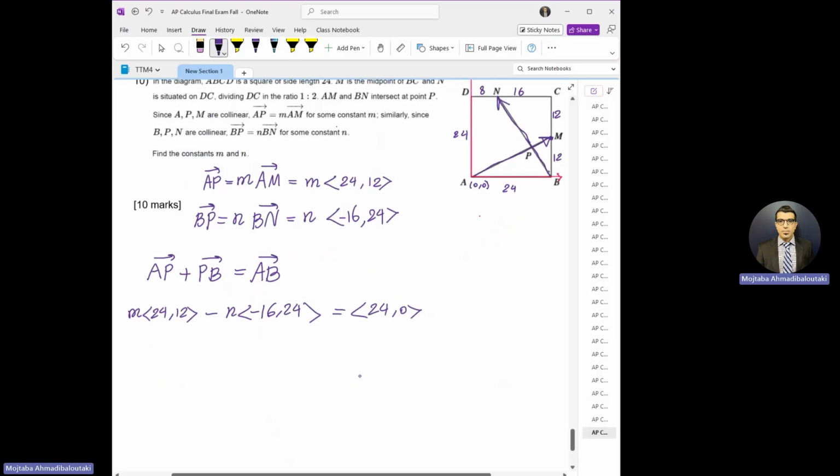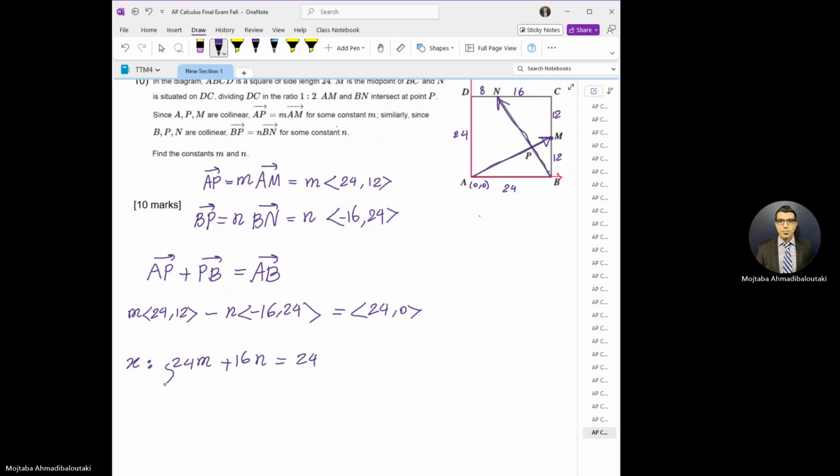If we write the x and y components on each side, the x component will give us 24m plus 16n equals 24. And the y component gives me 12m minus 24n equals 0.